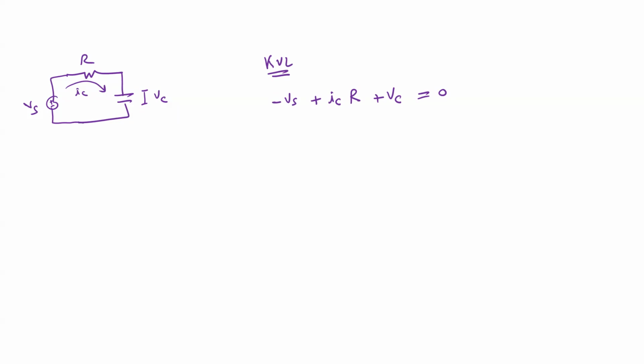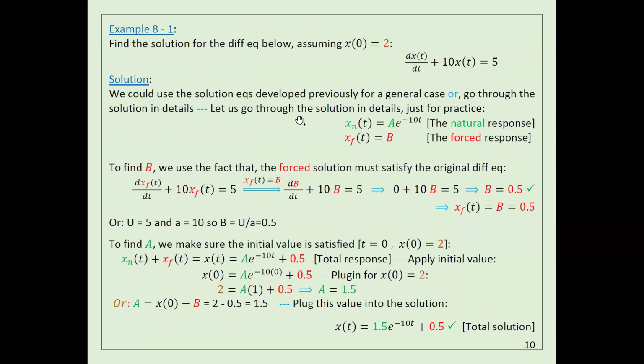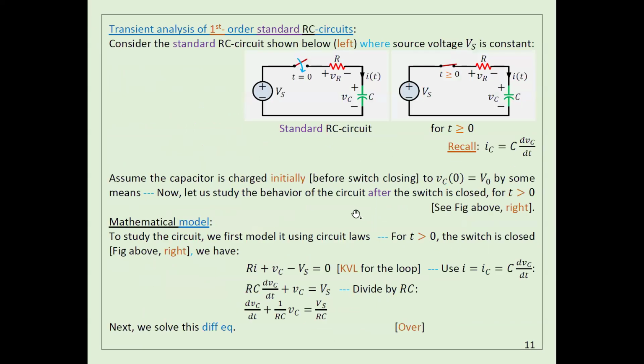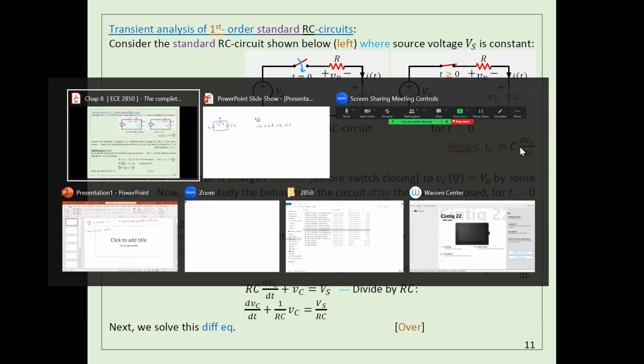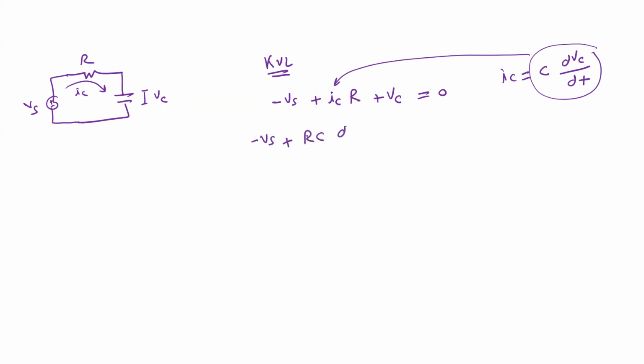But there is one more thing here. You know that in the case of a capacitor, there is a relation between I and VC: IC is equal to C dVC by dt. You know this one, okay? So I'm going to take this and put it here, so that I have minus VS plus RC dVC by dt plus VC equal to 0.